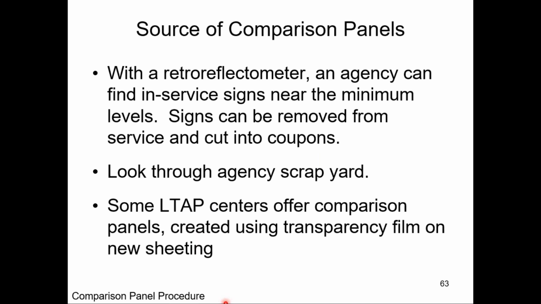Those transparency films are clear, but not exactly clear, and so they diminish the amount of light a little bit. David in New York found that if you put maybe one, two or three sheets of transparency film on new sheeting, you could reduce the retroreflectivity.